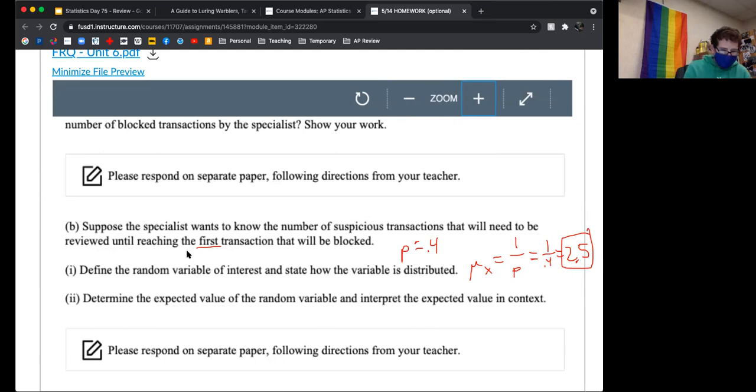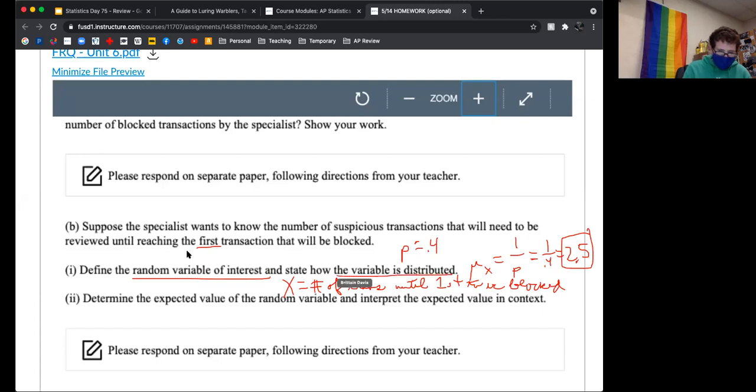Now, defining the random variable of interest, we could say that random variable X is the number of transactions until the first to be blocked. And we would want to say in our description how the variable is distributed.